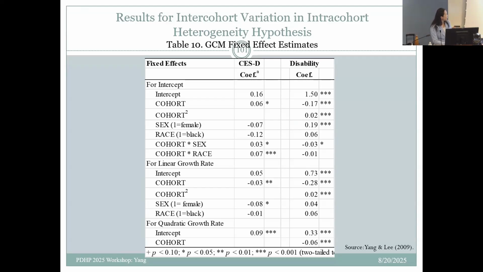And then for the linear growth rate, all the three-way interactions drop out, by the way. But the age by cohort interaction and age by sex interaction for depression remain significant, which I will show next in the graphics, what they look like.